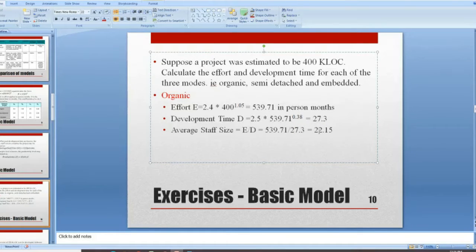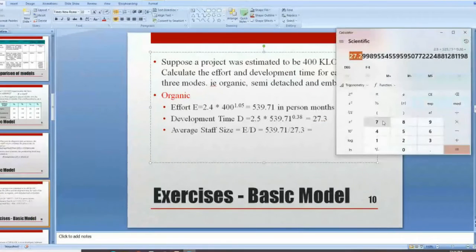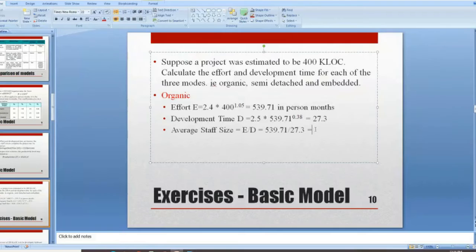If we calculate this, we'll be able to identify the average staff size. Let us see what is the value. 539.71 divided by 27.3. So you will get 19.76, say 19.77.